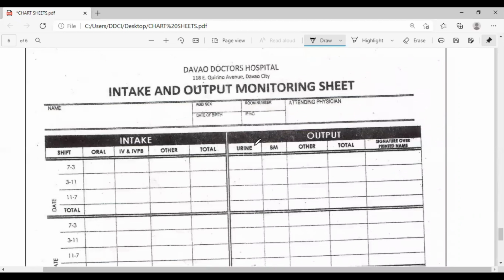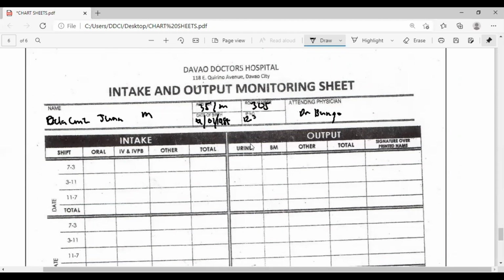For the intake and output, again, make sure that there are your headings. So we have here De La Cruz, 1, M. We have your 35-year-old male, date of birth 1985, room number 305, under the division of Dr. Bongo.